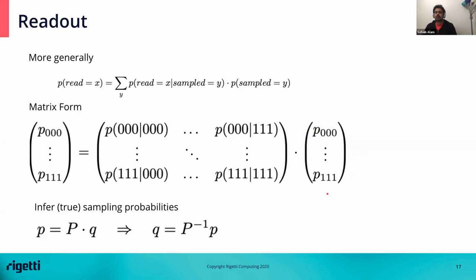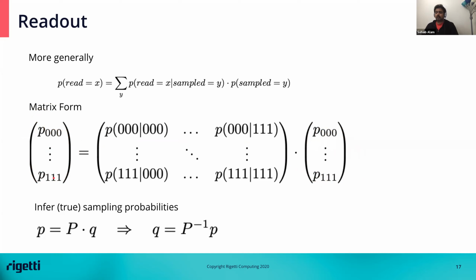And in a typical quantum computing problem, these probabilities on the right-hand side are what we're actually interested in, right? But now, this is something that we can compute experimentally, so this is what we'll actually have access to.